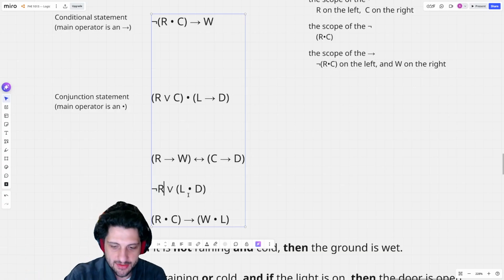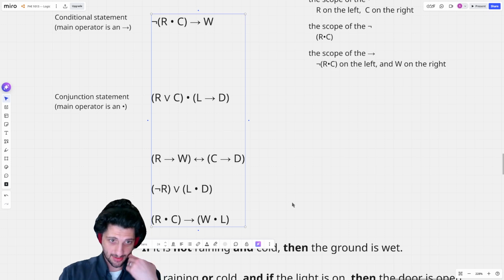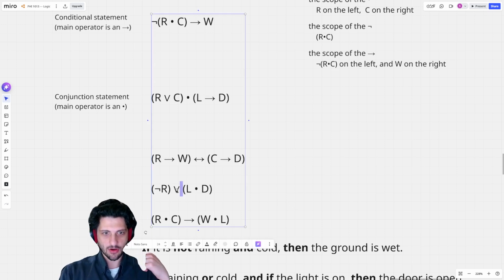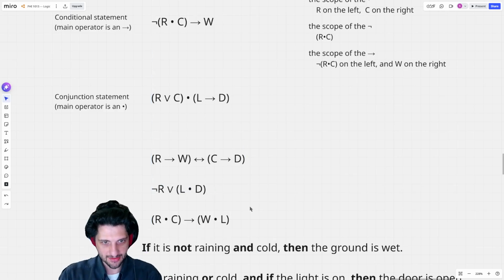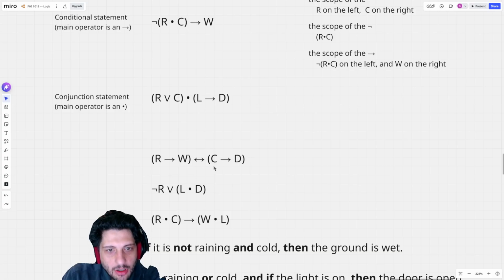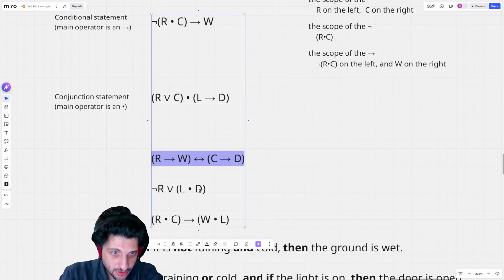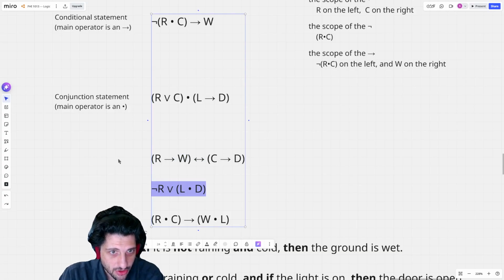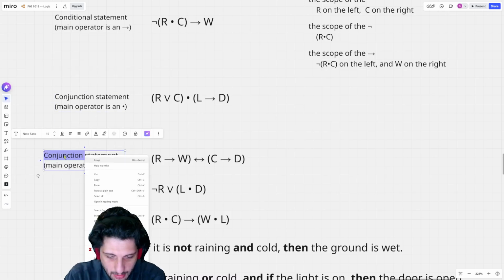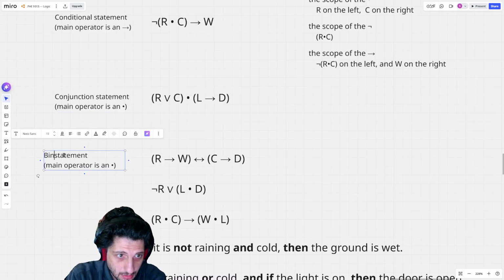Okay, so in this case, you can be thinking about this as just not R wrapped up in there. It's the or that sees the whole left side and the whole right side. The negation doesn't. So we can call this one a biconditional. This one is called a disjunction. So I can go ahead and write these: a biconditional statement.